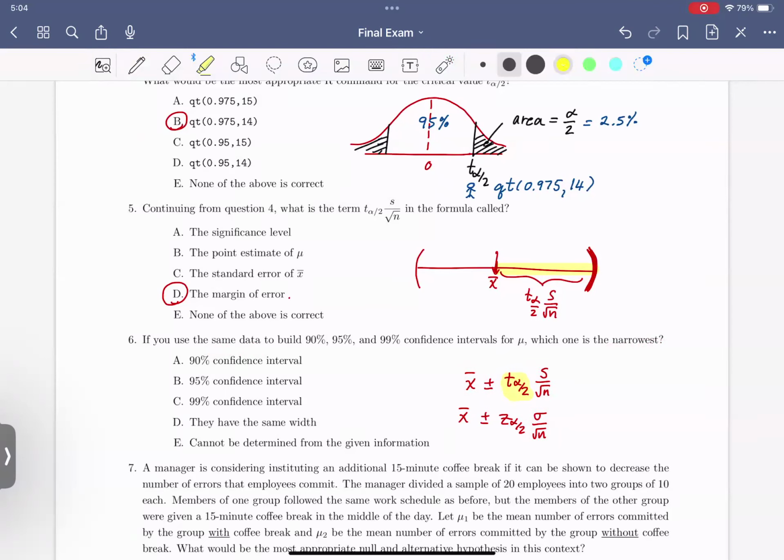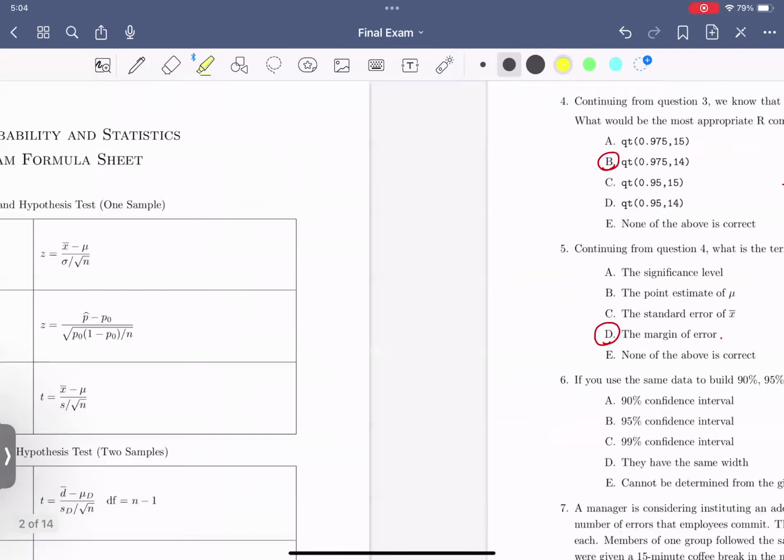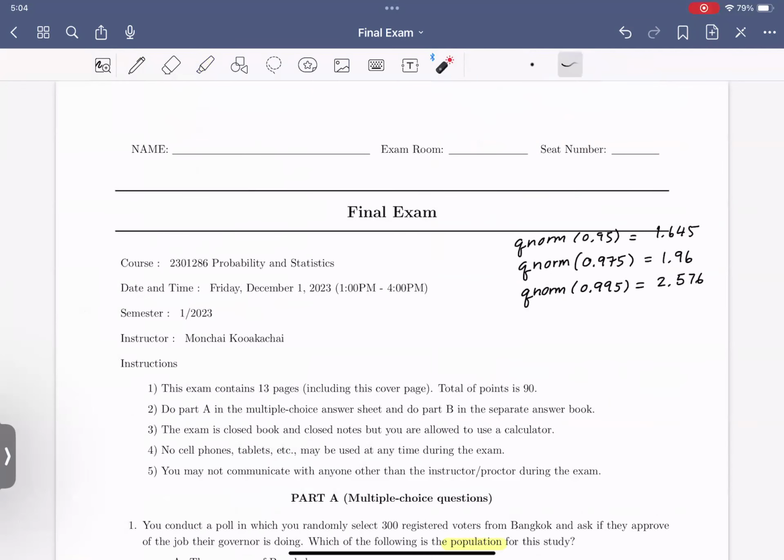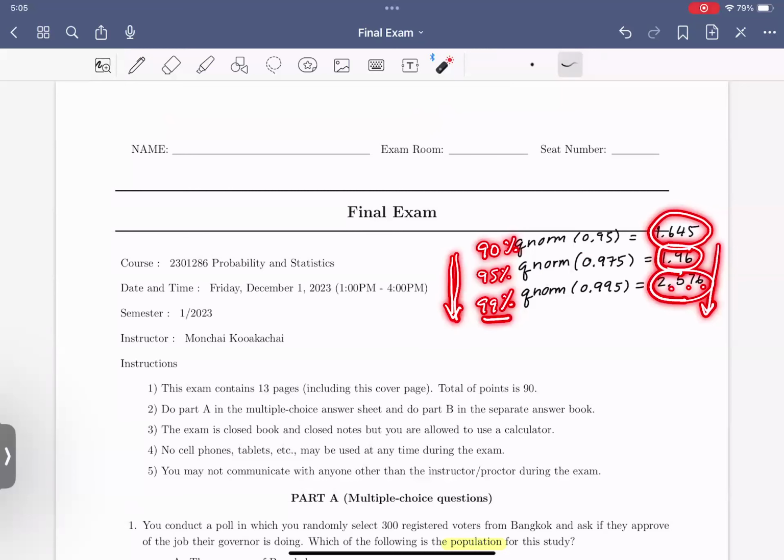As you know, or z alpha over 2, we have the pattern that if you work with a 99% confidence interval, this number is 2.576. If you use a 95% confidence interval, it's 1.96. If you work with 90%, the number is 1.645. So when the level of confidence gets higher, you get a bigger critical value, which means you're going to have a wider confidence interval, right?